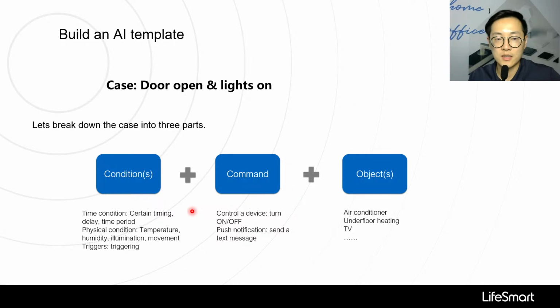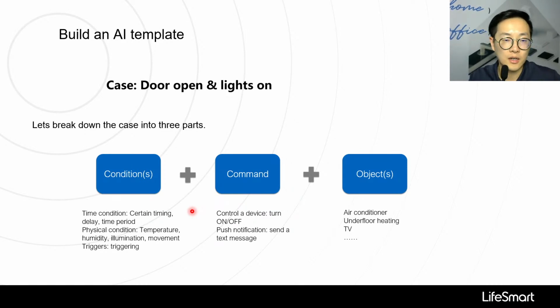So what does condition mean? Condition means, for example, time conditions, like certain timing, delay or a certain time period. And physical conditions mean things like temperature, humidity, illumination, movement, this kind of physical condition. Say for instance, in this case, when the door is opened, it will trigger a light. So the physical condition is the door open. So we will use a door window sensor to trigger the AI running.